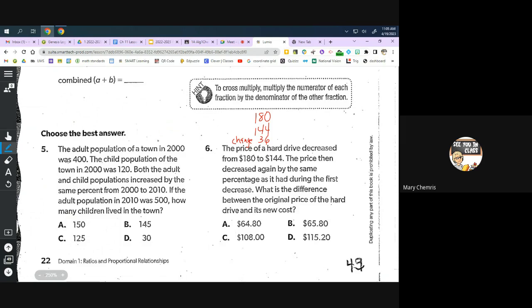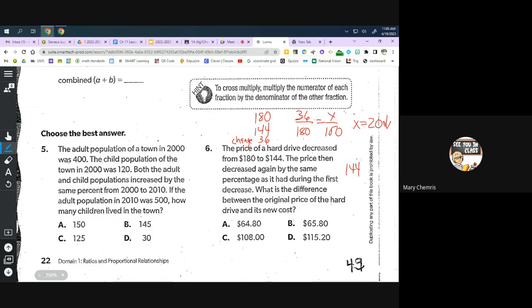So first we decide what was this percent change. So we do change over original equals X over 100. And we find that it originally dropped by 20%. So 180 minus that, we get to the price of 144 and it's going to drop another 20%.